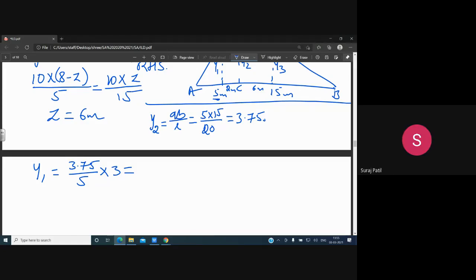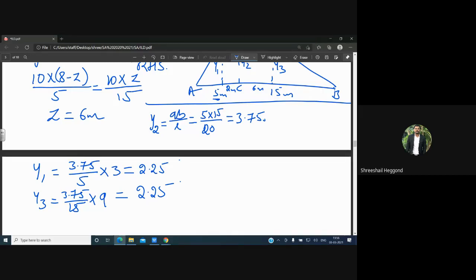Similarly, calculate for Y3, which is 3.75. It is on the right hand side, therefore the length is 15 meter into 15 minus 6, which is 9 meter, therefore multiply by 9. Then the distance is how much? 2.25.